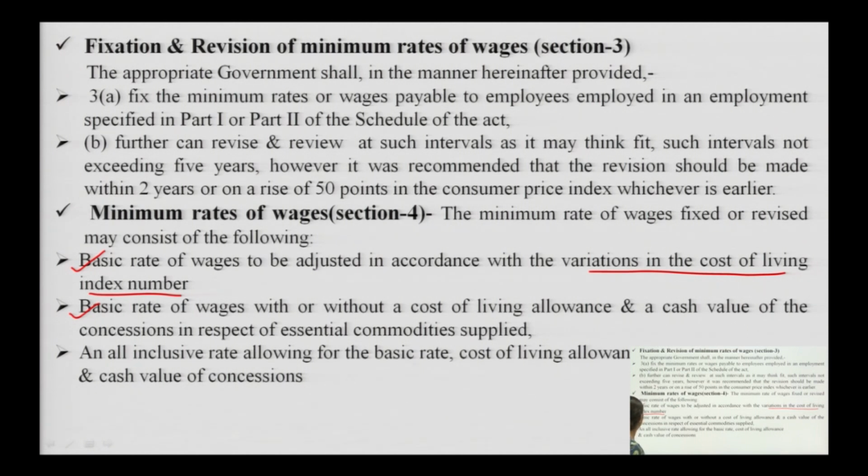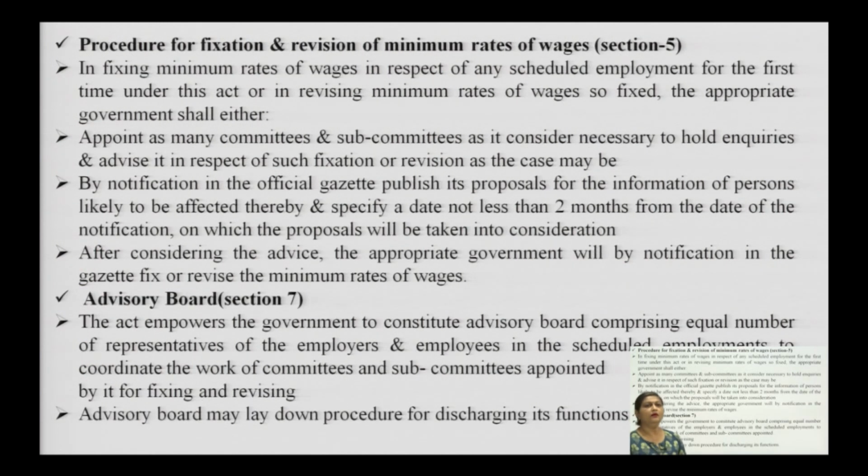And an all inclusive rate allowing for the basic rate, cost of living allowance and cash value of concessions. Now, the minimum rates of wages include all these 3 items.